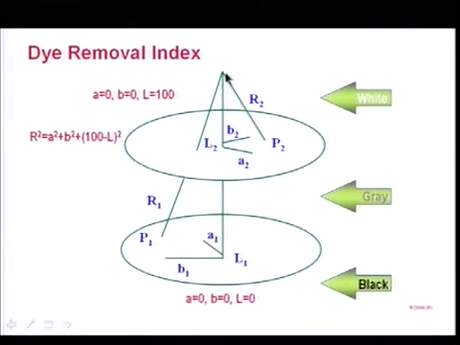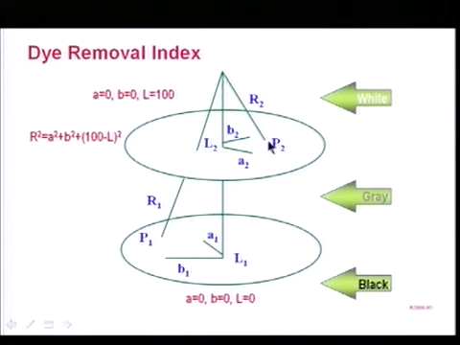On the top, what you have is point of ideal bleach. This is that white color sheet of 100 brightness, 100 L value. Color value A is 0, B is 0. This length here, unbleached to point of ideal bleach, is represented by R1.